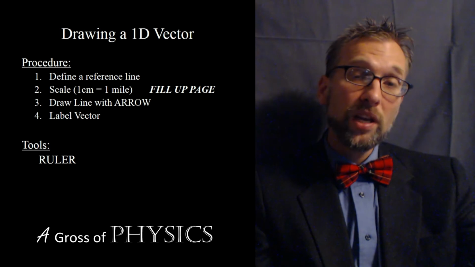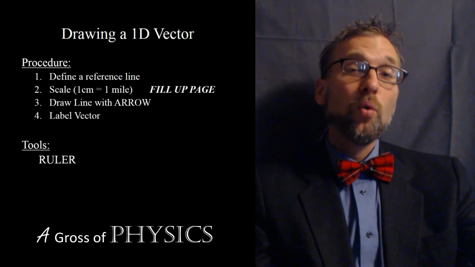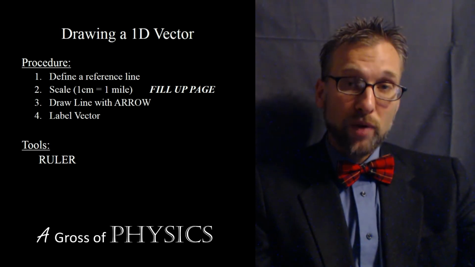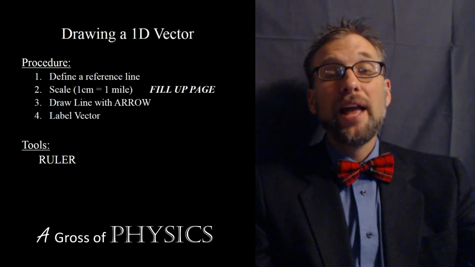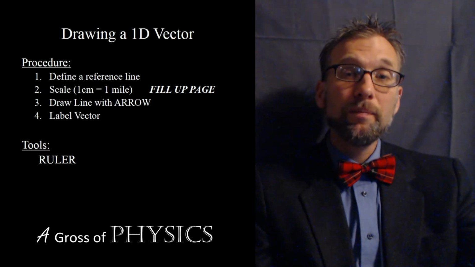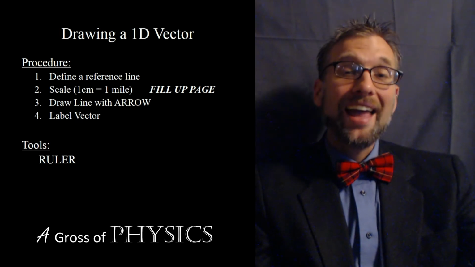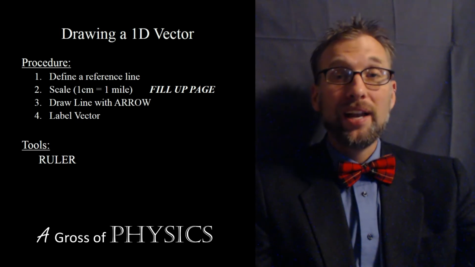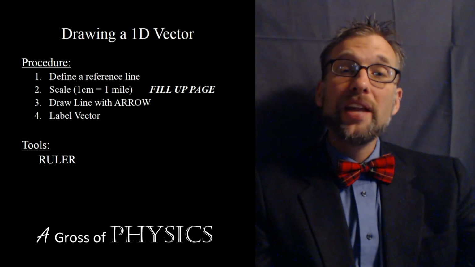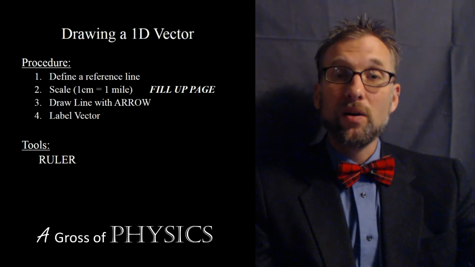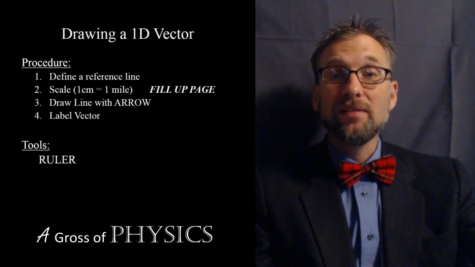That being said, once we have an appropriate scale, we're going to draw our vector in the proper direction. I will often have a dot representing the origin. I'll draw my line in the direction that I'm going toward, and I will draw an arrowhead at the end. And it's important to draw the arrowhead so the tip of the arrowhead is at the end of the line.